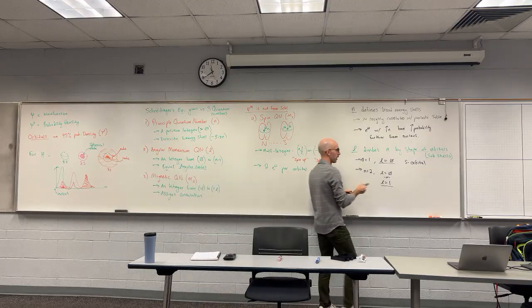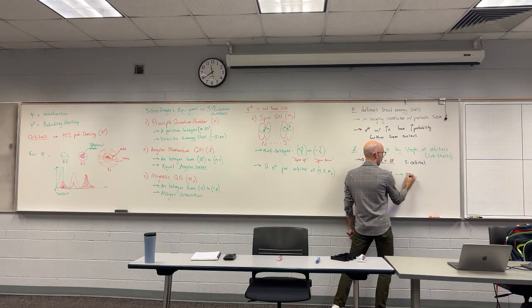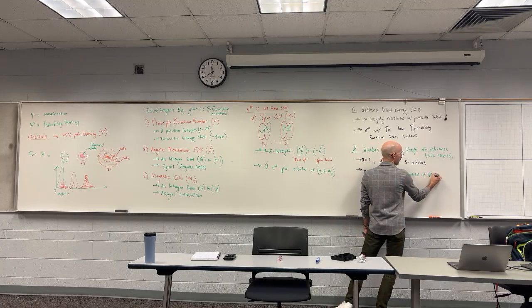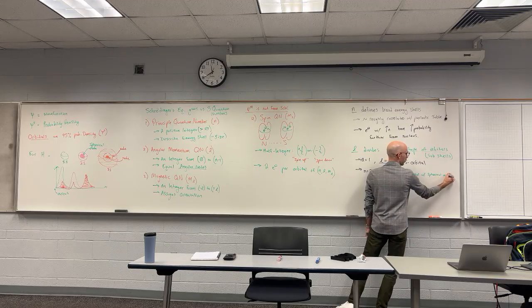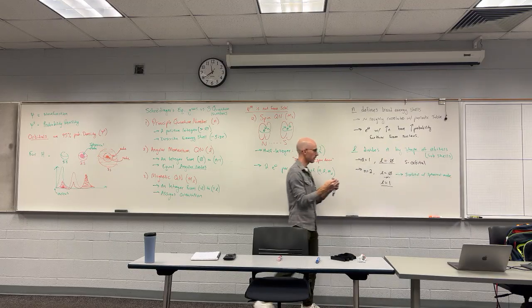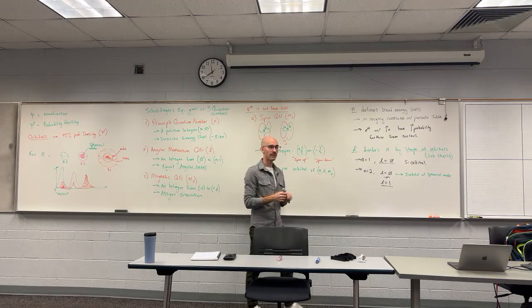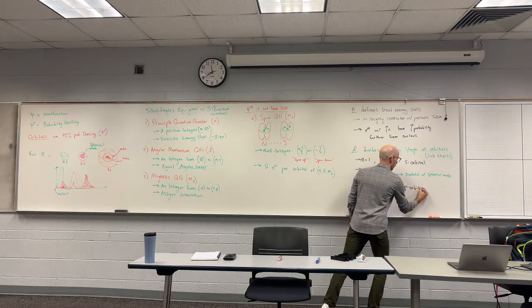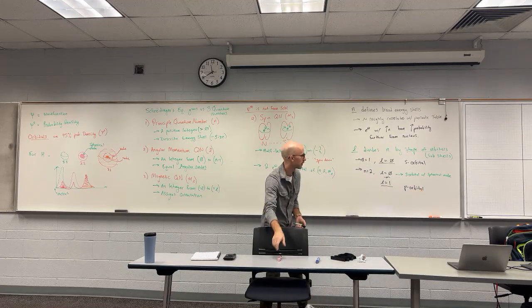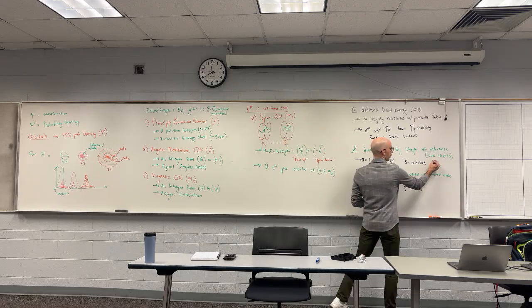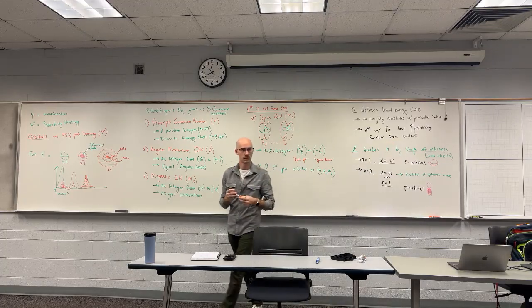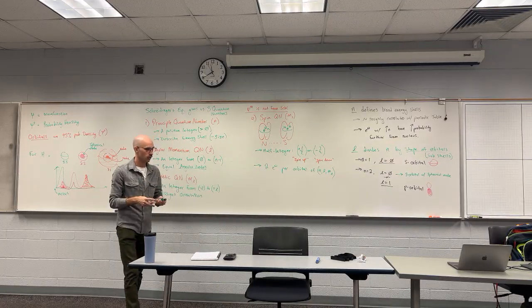L equals 0 now has an s orbital with a spherical node. L equals 1 is what we call a p orbital. I should draw these so that you guys can see. S orbital, sphere, p orbital, 2 lobes, 1 shaded, 1 unshaded.